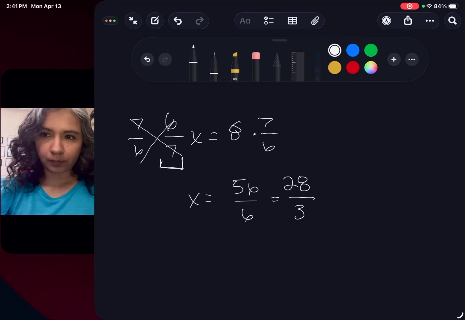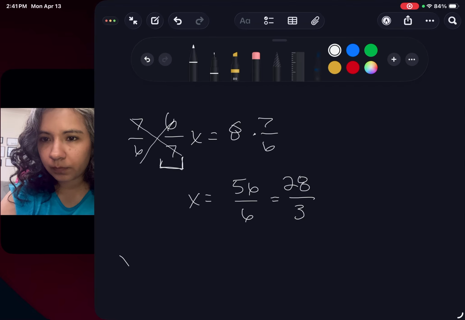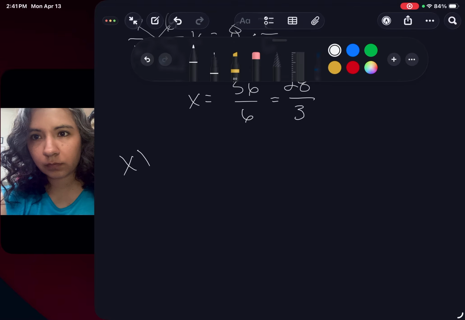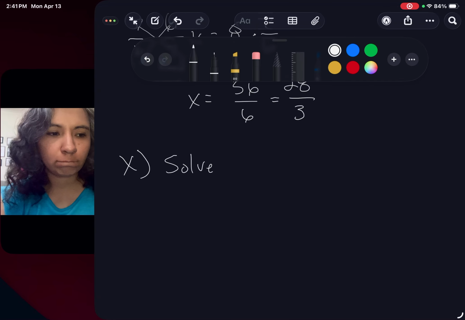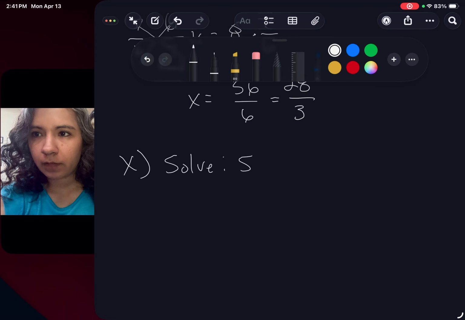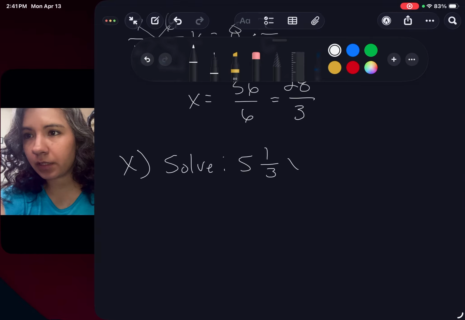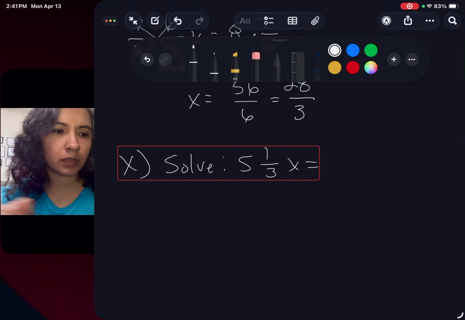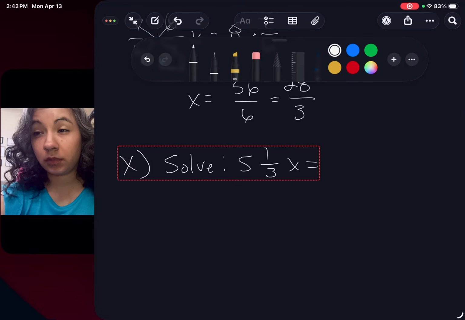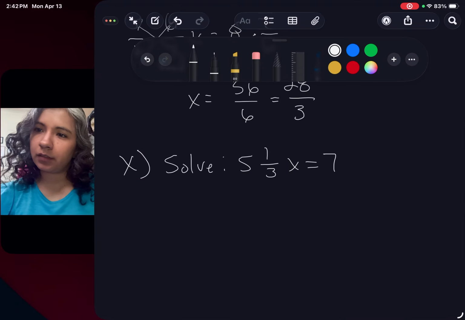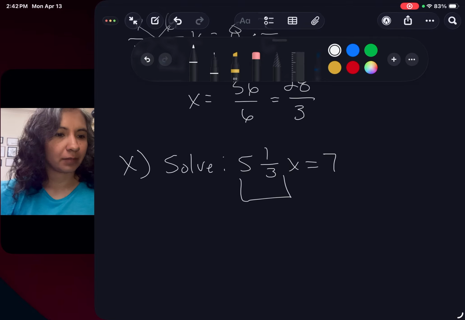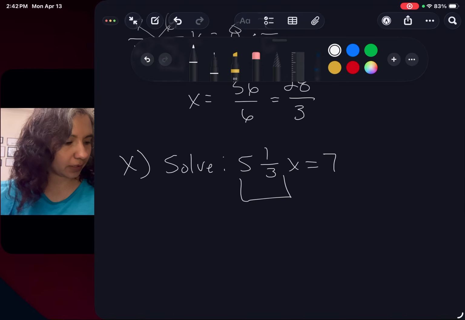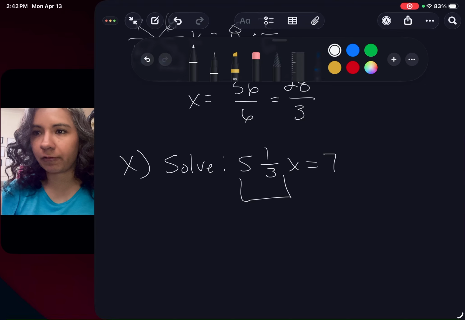So let's do an example. Solve 5 1/3 x equals 7. Let's try this. Okay, so we want to get this mixed number coefficient into an improper fraction.